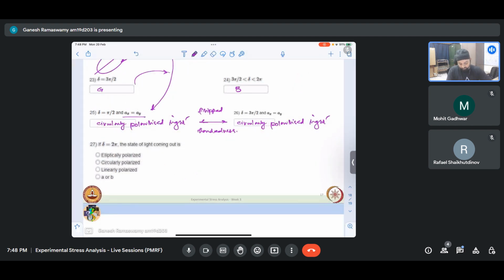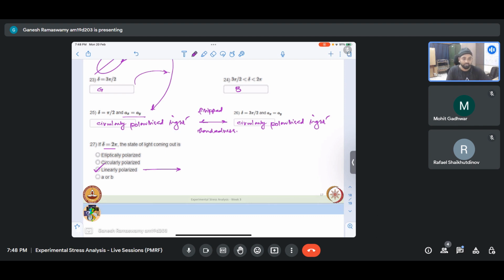Now this question asks, if delta equal to 2 pi, is the state of the incoming light elliptically polarized, circularly polarized, or linearly polarized? When it is multiples of pi, it just happens to be a linear polarizer, but this has the capability to rotate the input light.